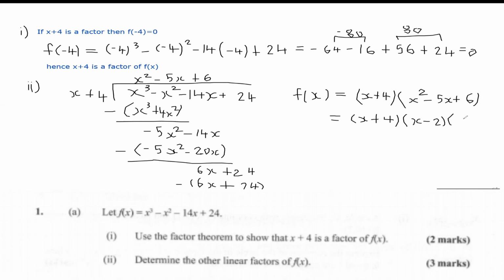All right, so the other two linear factors are x minus 2 and x minus 3. Anytime you finish a question, I really like when we put it in words. It's always good to put what we want to say in words. Hence, the other linear factors are x minus 2 and x minus 3.